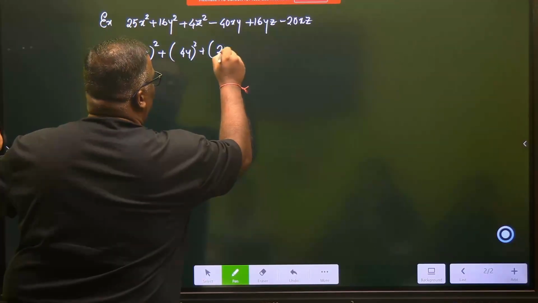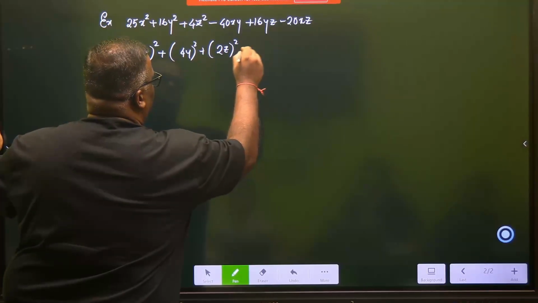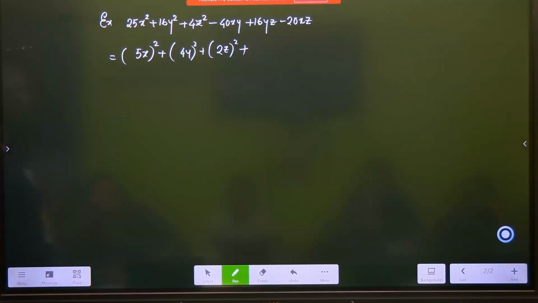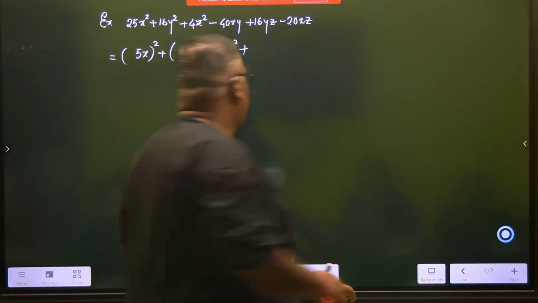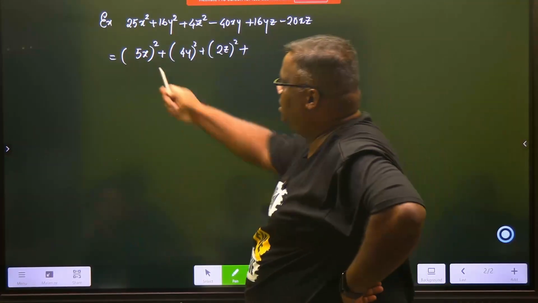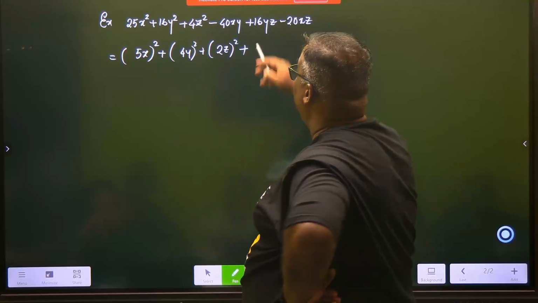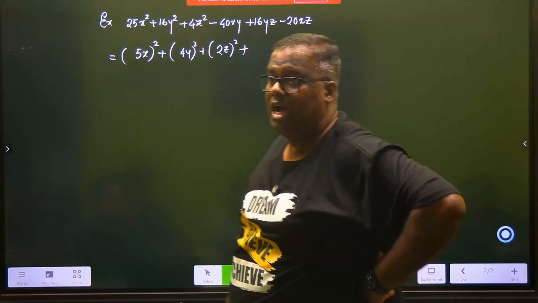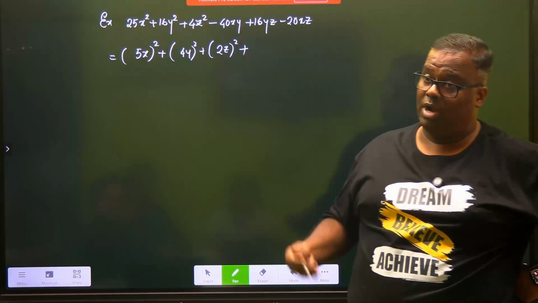My formula says plus 2ab. Plus 2ab means I will be multiplying this and this, but I'm getting a negative. That means either x is negative or y is negative.